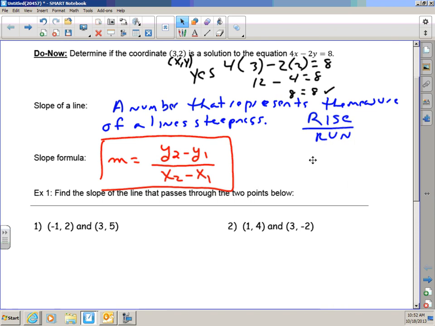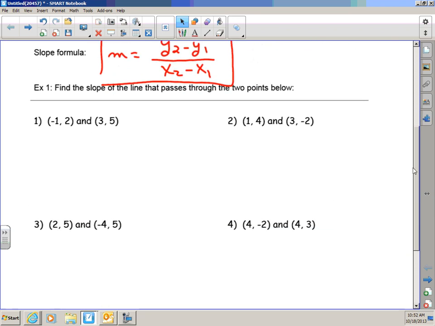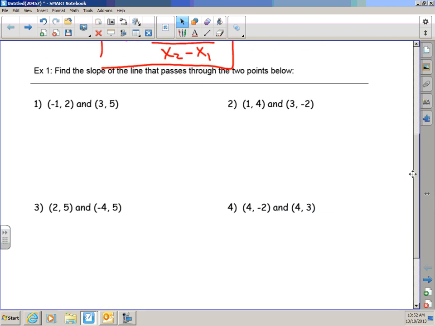So going to the 4 examples here, I want to compute the slope of the line that goes through the particular 2 points. If it helps you, you can label x1, y1, x2, y2 your coordinates. You don't have to do that, but sometimes students find it helpful.